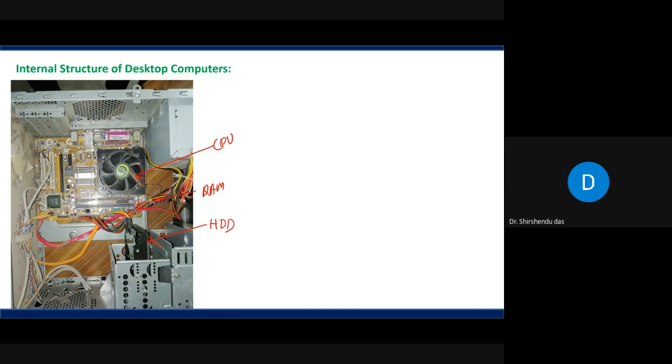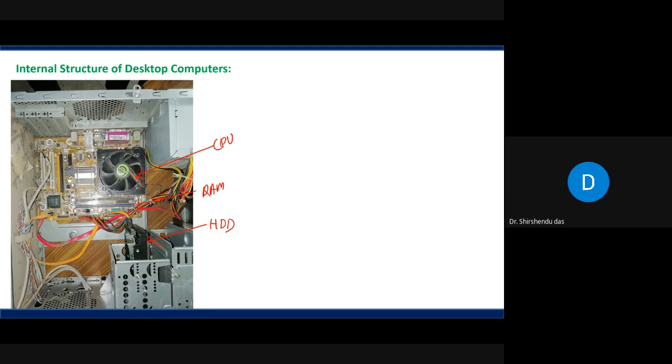Now, if you want to purchase a desktop computer, there are two options, right? Either you will go for a branded desktop computer, like HP or IBM, and you can simply order their desktop computers and you need not do anything. When your desktop computer arrives, you can just install it and start working on it, right?